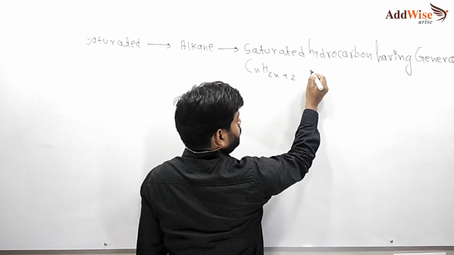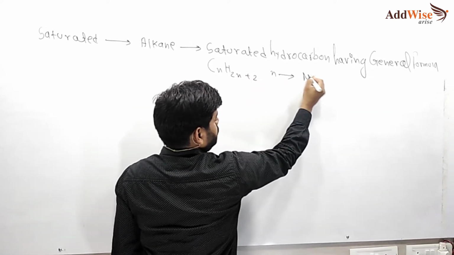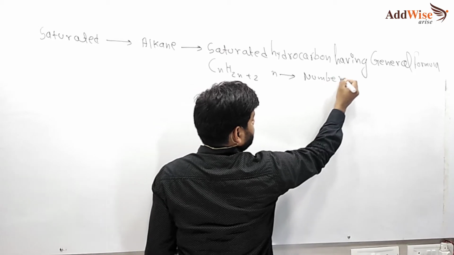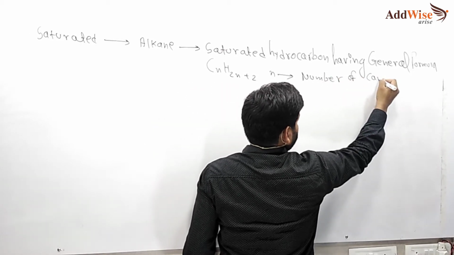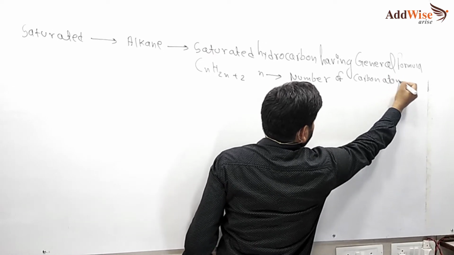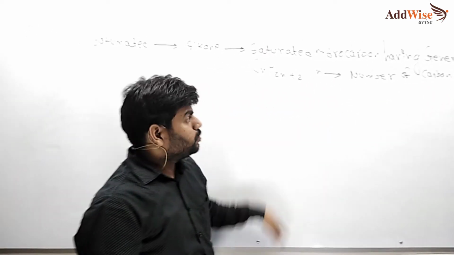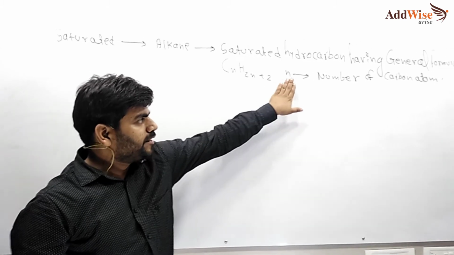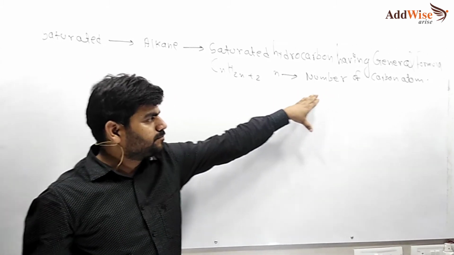In this general formula, n represents the number of carbon atoms. So CnH2n+2, where n represents the number of carbon atoms.